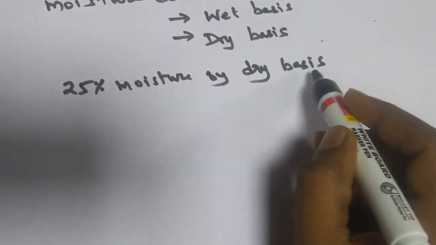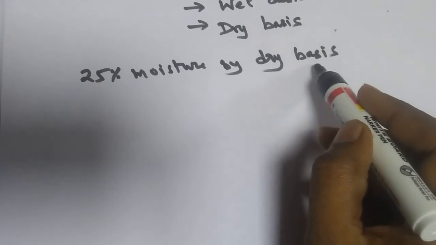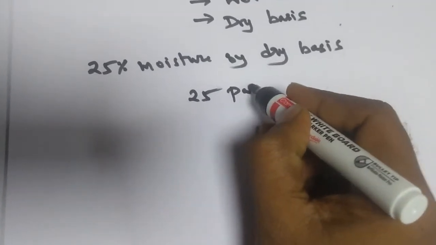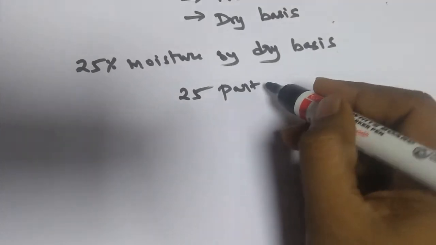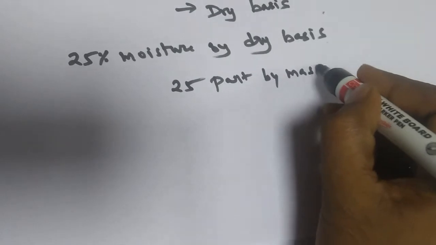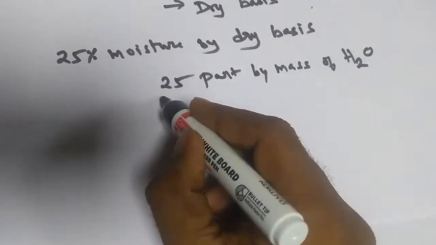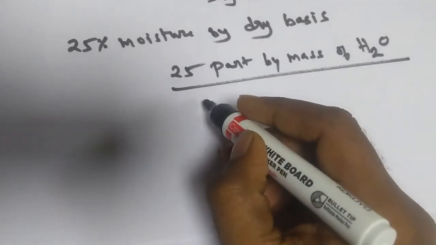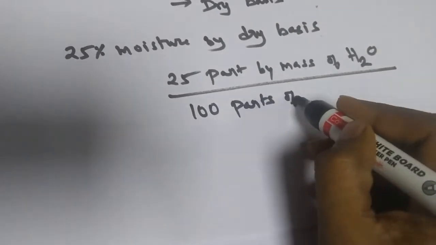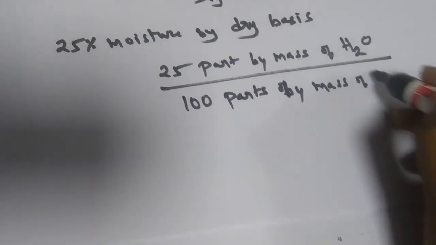25% of moisture by dry basis, it means, when we say dry basis, 25 parts by mass of moisture, which means water, to 100 parts by mass of dry solid.